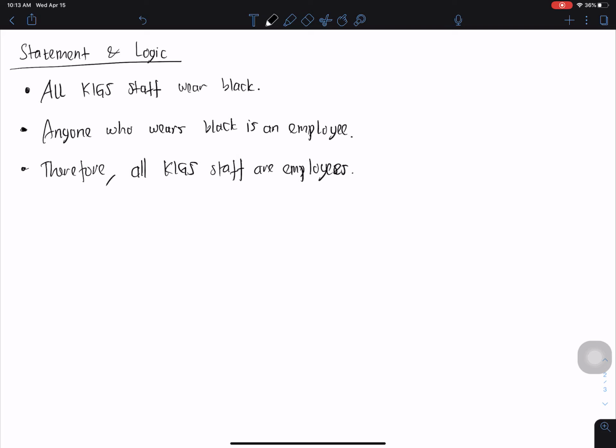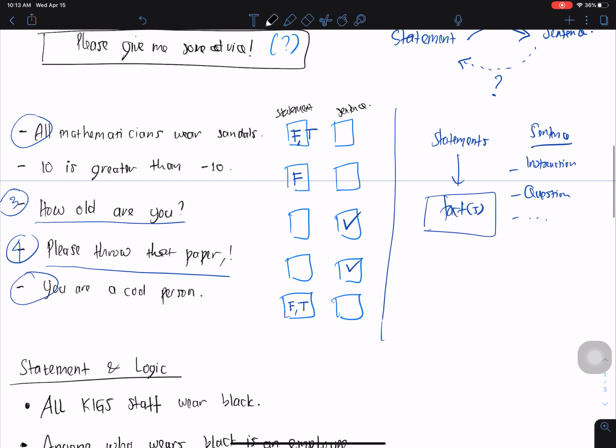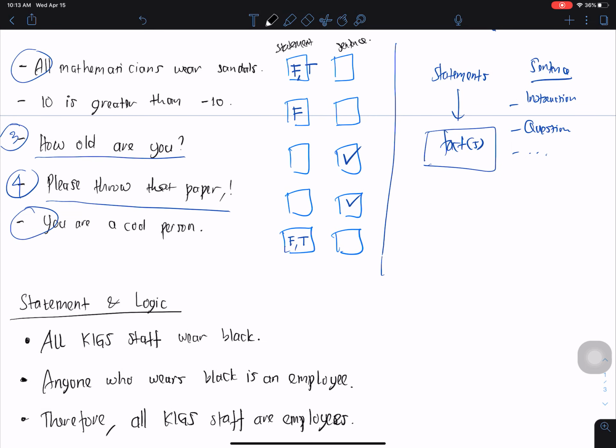So, what do you see here? For the first, can you tell me whether it is true or false? Assume all of these are fact. Still, we can determine either it is true or false. But in this case, whether it is exactly true or exactly false, we cannot tell. Same with the previous one, when I mentioned all mathematicians wear sandals.